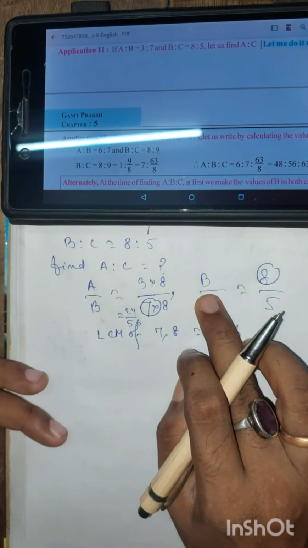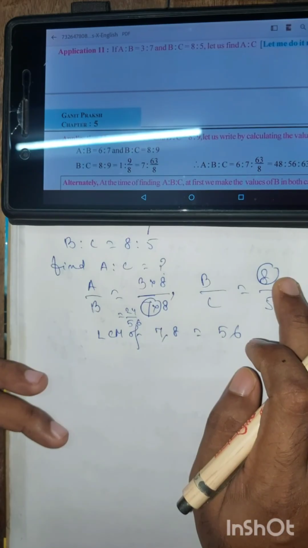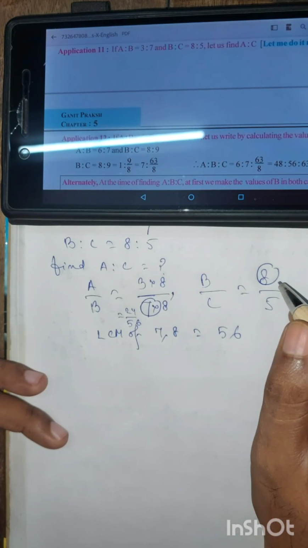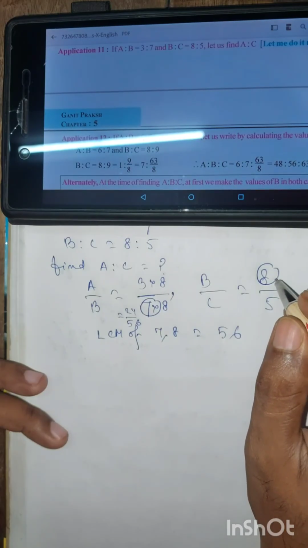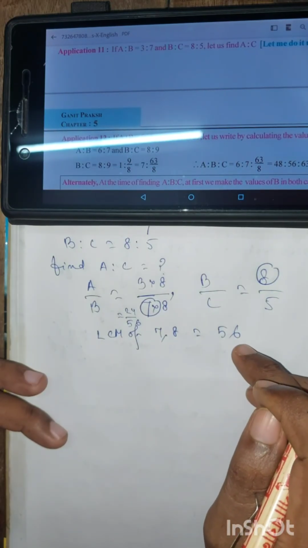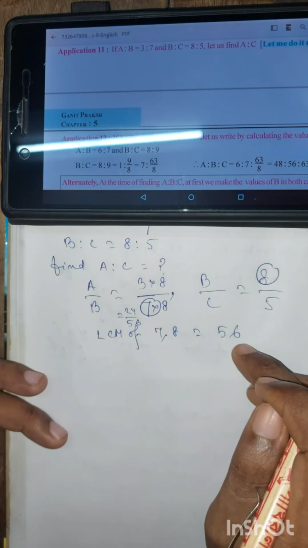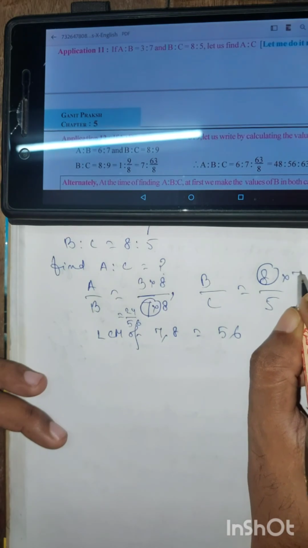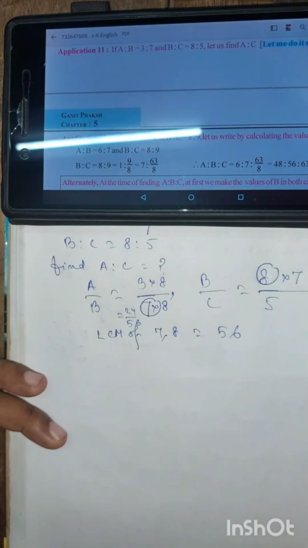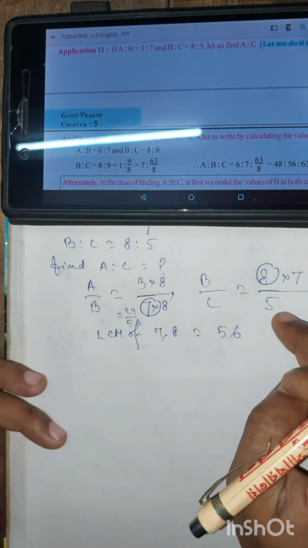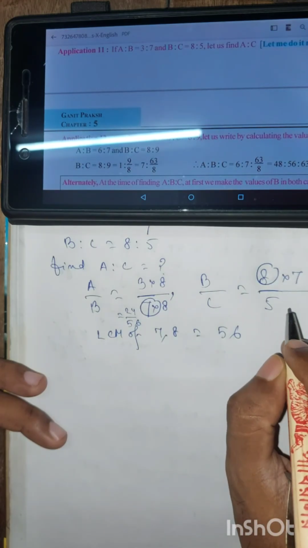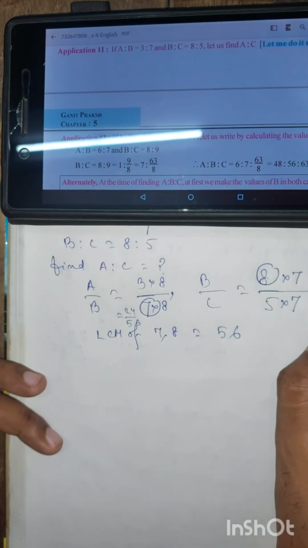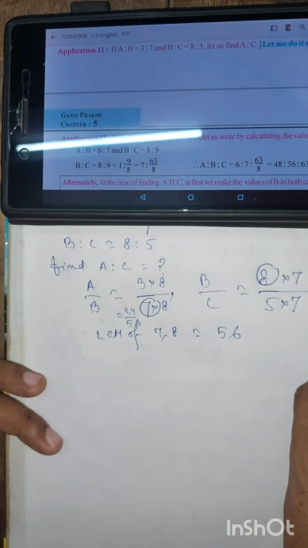And similarly we have to change it into 56. So we need to multiply 8 by 7. So it becomes 56. And to keep the ratio unchanged, we shall multiply the denominator also by 7. So it becomes 56 by 35.